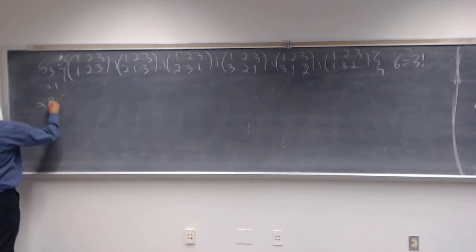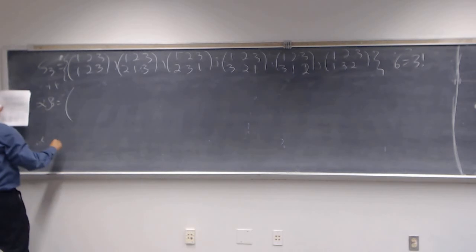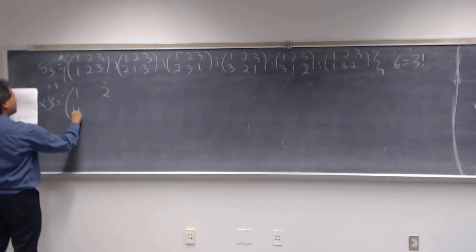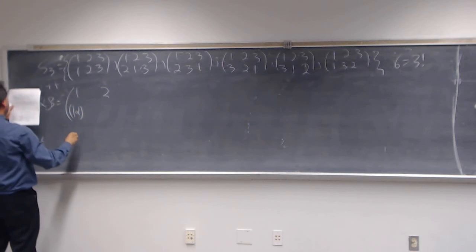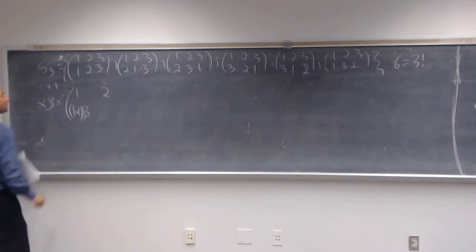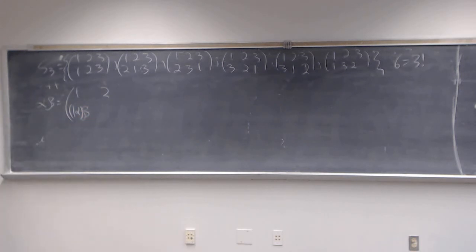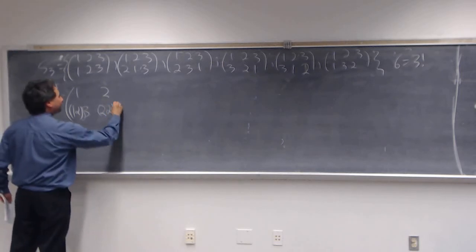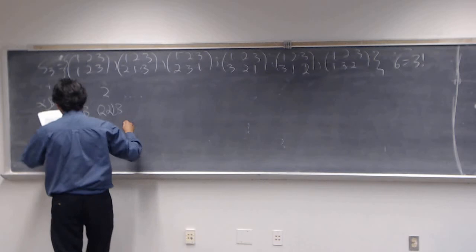So alpha times beta we would represent as: 1 goes into alpha first, and then that goes into beta. That reads a little bit different than alpha circle beta if you were thinking of function composition. Then 2 goes into alpha, and then beta, etc.